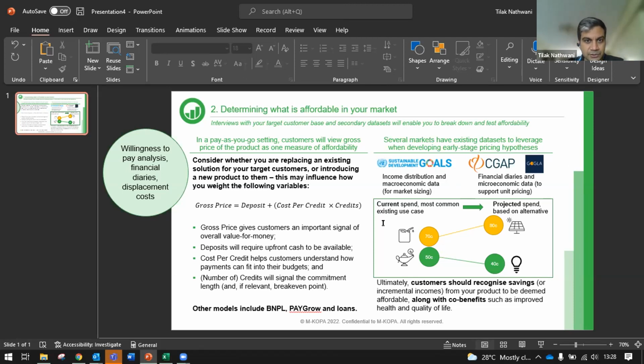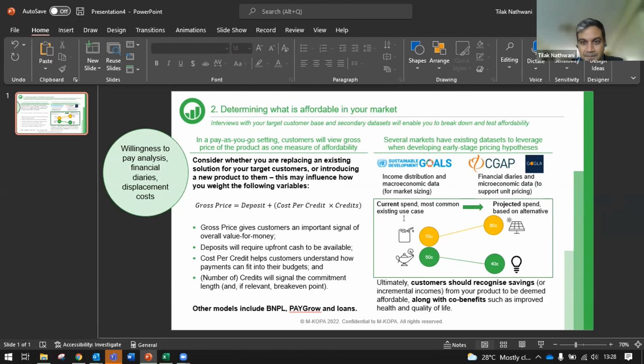I mentioned I've pulled in a really small example, and this primarily revolves around the cost per credit and the daily budgeting exercise that customers will go through. These numbers are just placeholders.